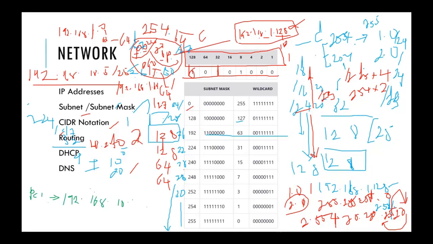That's the IP address of PC1. And I have another PC2, and this is slash 25. I have another IP address of 192.168.10, let's say 201, also slash 25. They won't be able to reach each other.